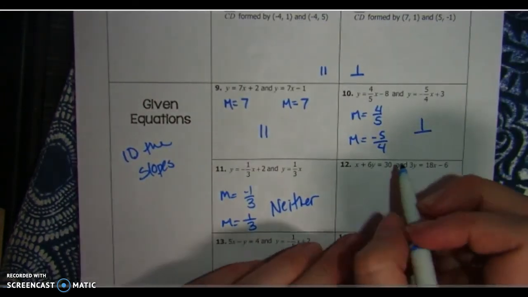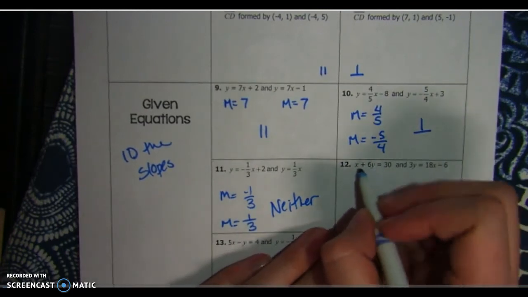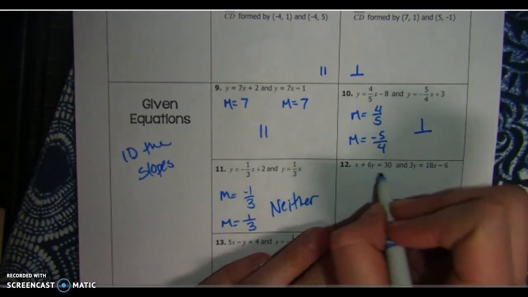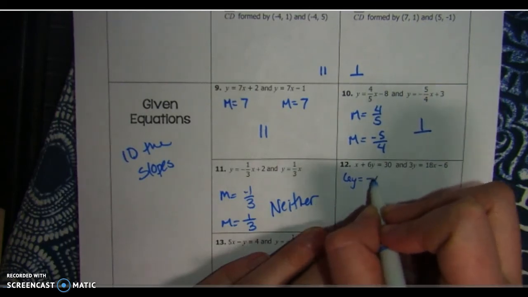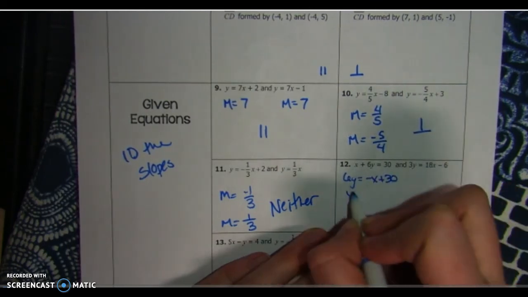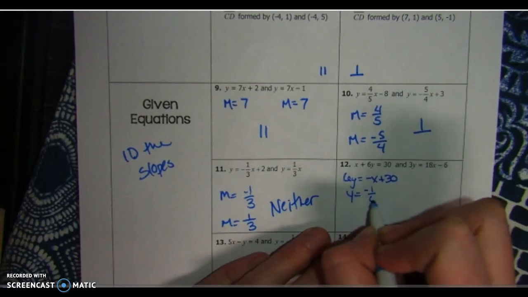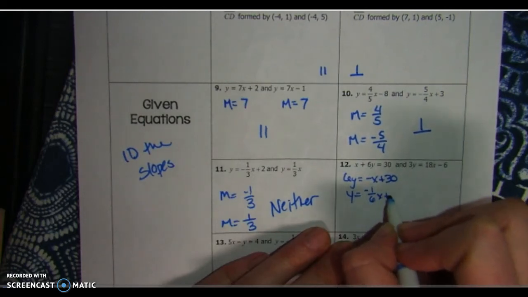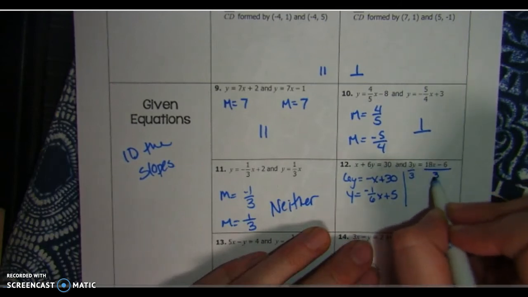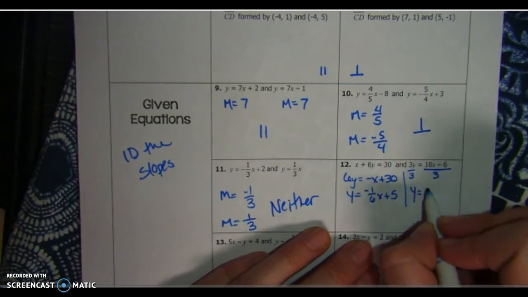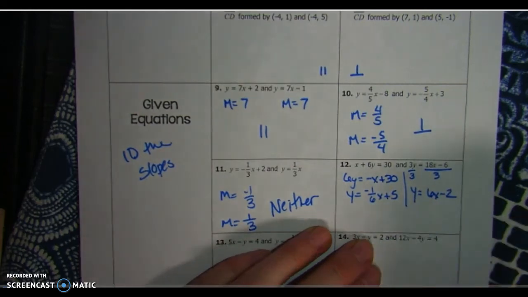Here, all right, now we've got to get into slope-intercept form. So remember, I'm going to do 6y equals negative x plus 30, so I know y equals negative 1/6 x plus 5. And for this guy, I would divide by 3, and I'd get y equals 6x minus 2.